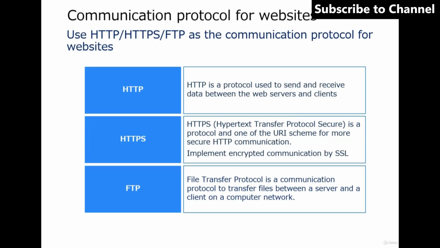It has a secure S and is a protocol for more secure HTTP communication. HTTPS uses SSL and other encryption methods to implement the secure communications. SSL is a common mechanism to encrypt HTTP communication. Currently, it's a standard to use websites with HTTPS instead of HTTP for security reasons.